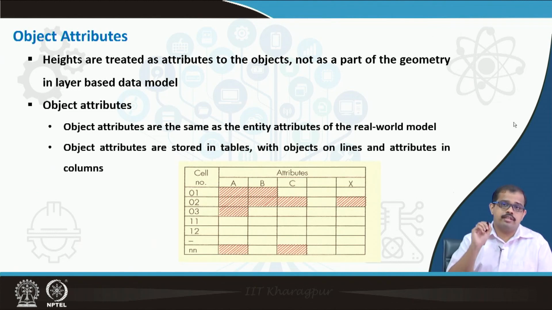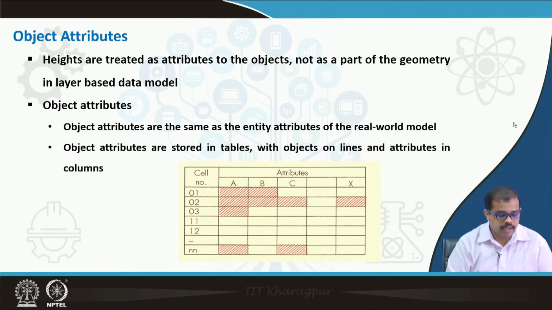This is where students make a mistake: they always try to put height as a geometry. Once you put height as a geometry, it represents a 3D format of the data, which is not representing the relations. But you can form relations from 2D data to 3D data.